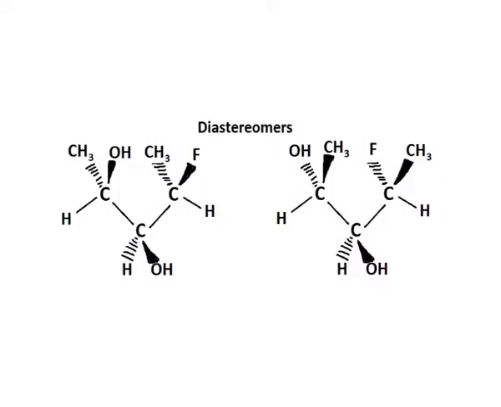Diastereomers, when the configurational isomers are not mirror images of each other, these are known as diastereomers. Also includes geometrical isomers. So the major difference I would say is optical isomers and geometrical isomers in enantiomers and diastereomers. Enantiomers are optical isomers, whereas diastereomers are geometrical isomers. Okay, I hope you all got this.